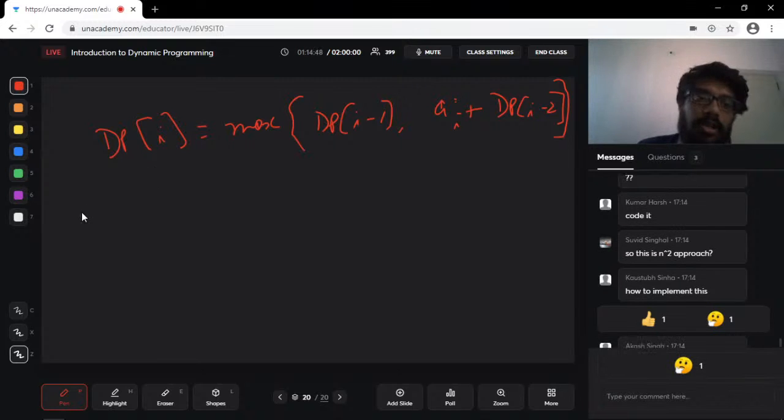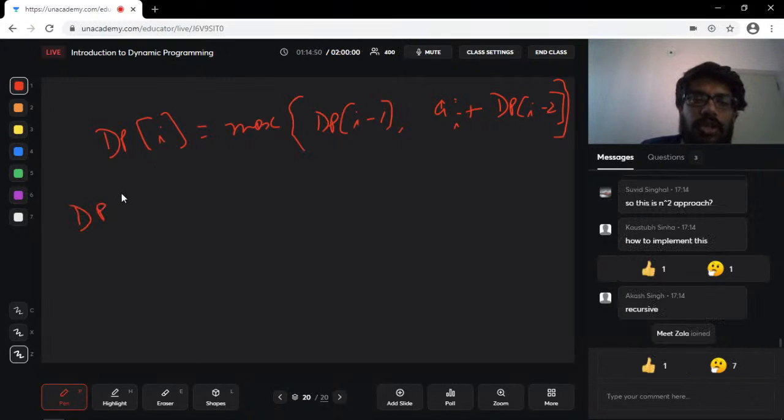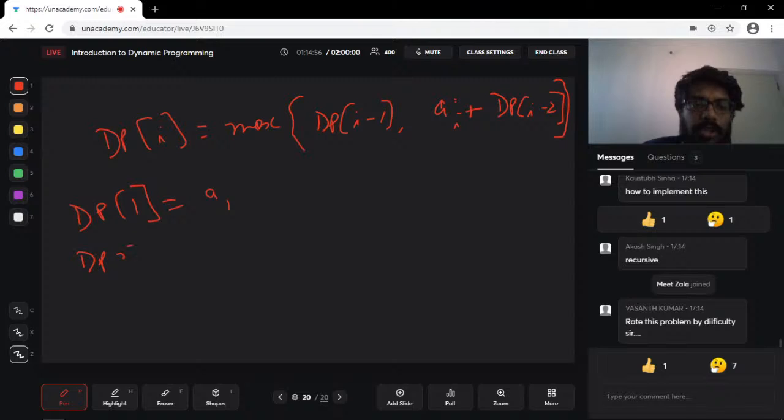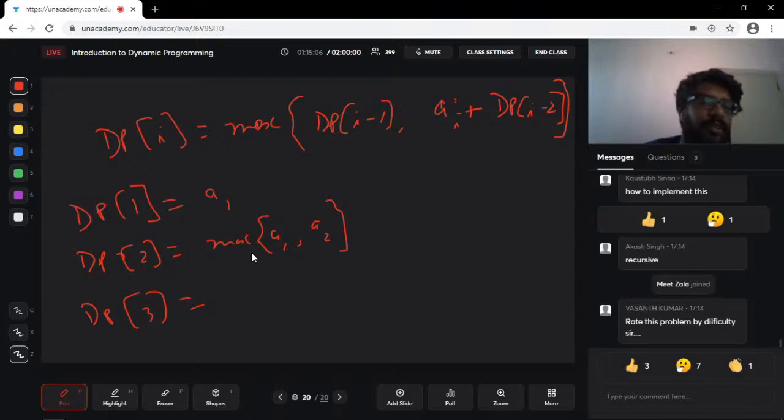So what did we see? We initially saw the base cases, right? So we have dp of 1 was A1, dp of 2 also we found, which was max of a1 comma a2. And now for dp of 3, we don't need to do whatever we did. We can just use this.